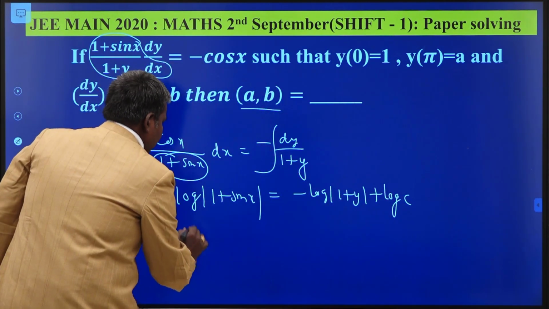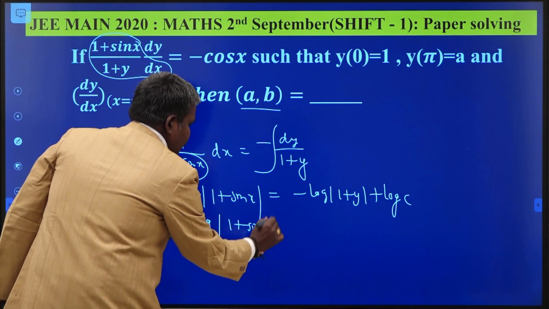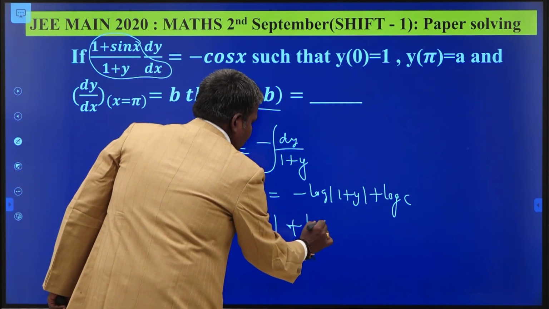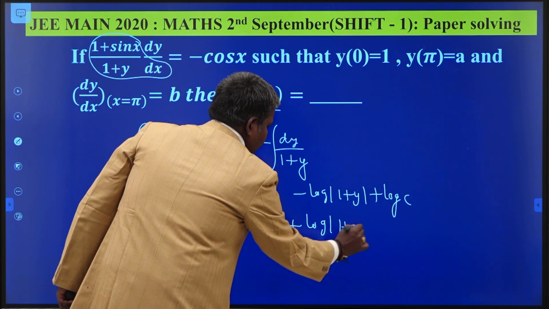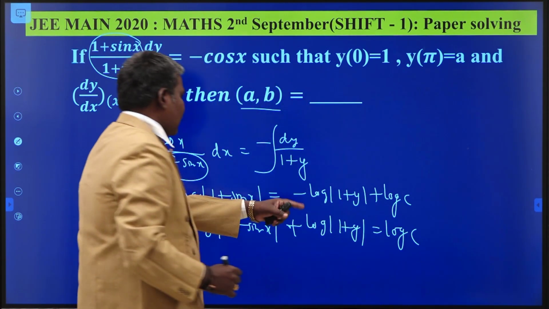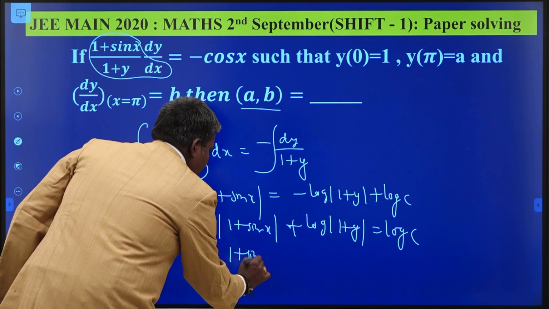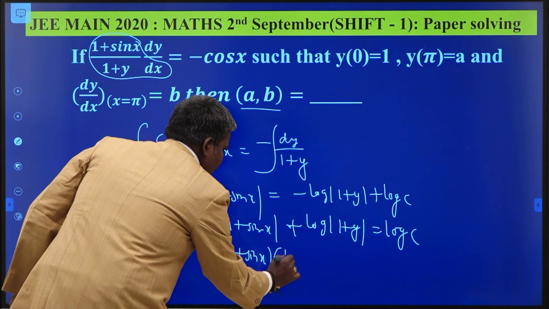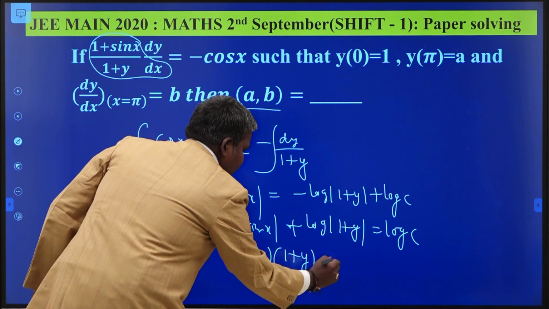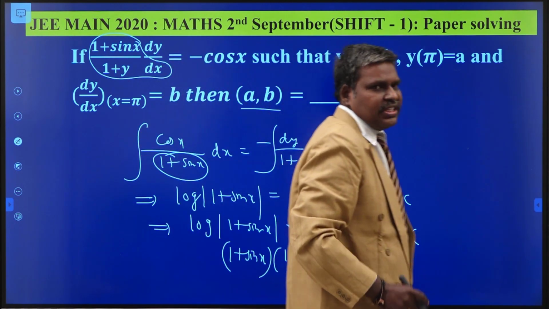Take the term to the left side, we obtain log mod 1 plus sin x plus log mod 1 plus y is equal to log c. What is log m plus log n? Log mn. So we can write 1 plus sin x into 1 plus y is equal to c. Cancel out the log on both sides, we get the value in this manner.